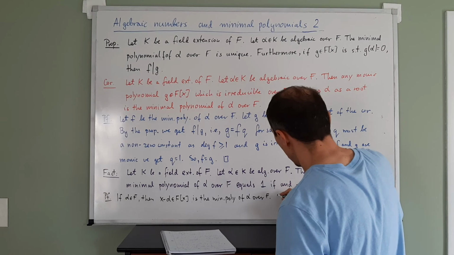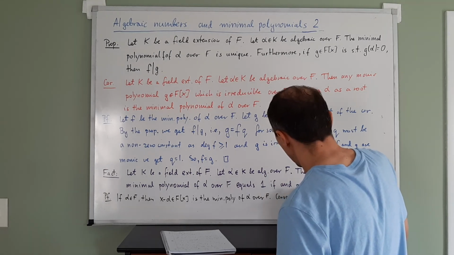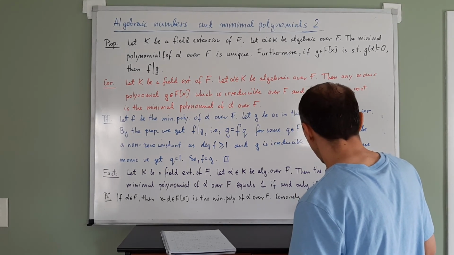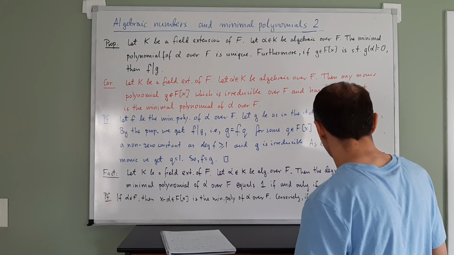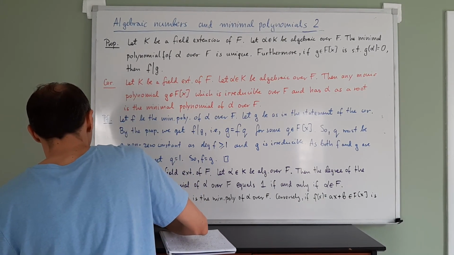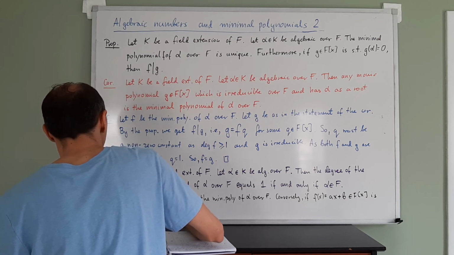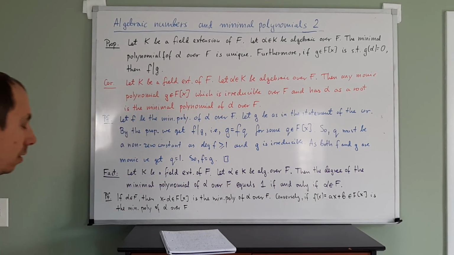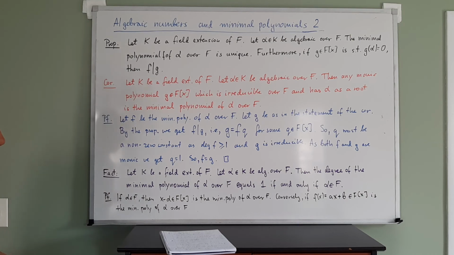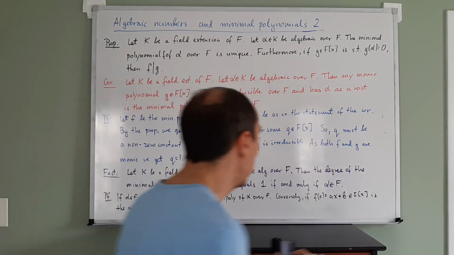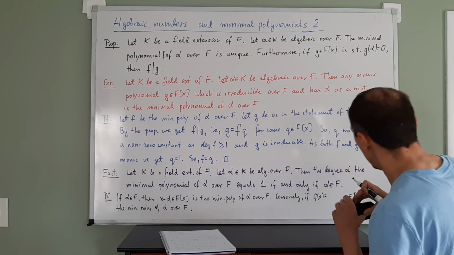Conversely, if f equals x plus b is the minimal polynomial of alpha over F, so this is a polynomial of degree 1, I want to show that alpha is actually in F. Well, the minimal polynomial has to be monic, so it's just x plus a.